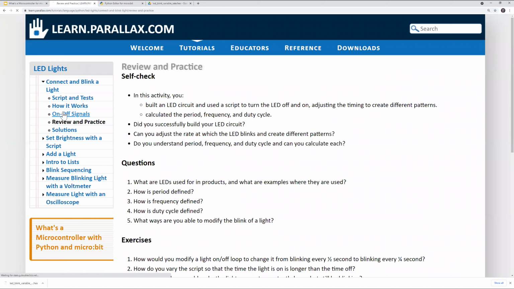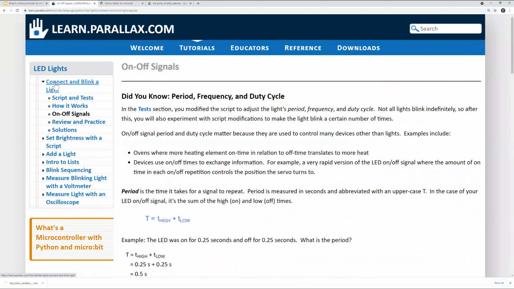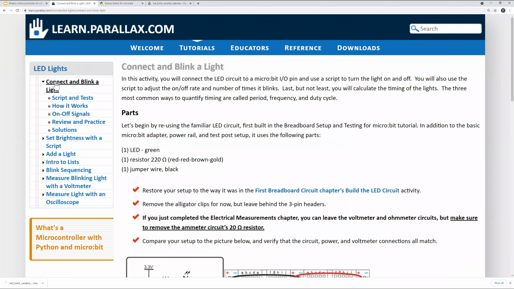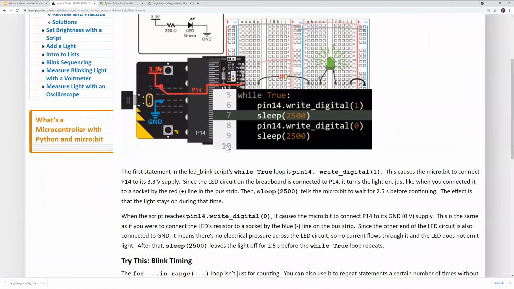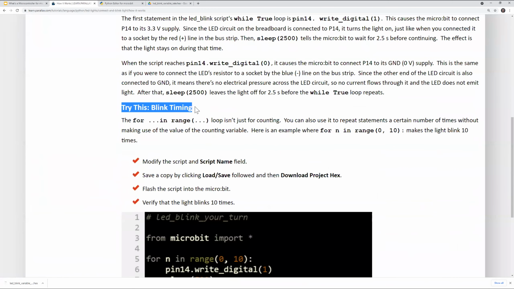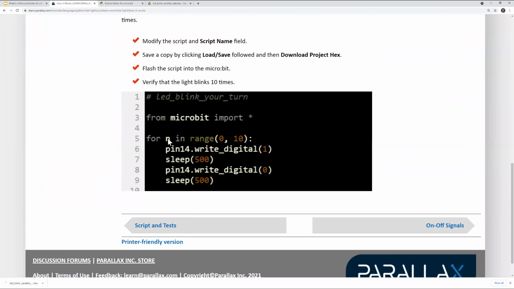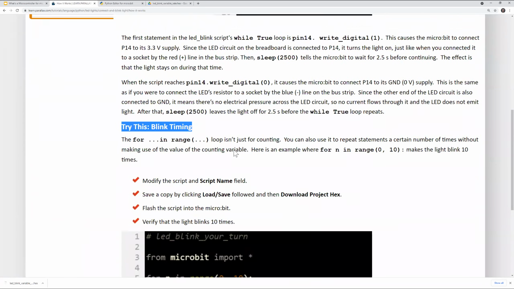All right. So again, we have a topic, in this case, connect and blink a light. Then we have a script and some tests. That's just really easy because it's pre-written. You can paste it in. Then we've got a how it works, but in the how it works section, there's also a try this. And it forces the students to put their hands on the keyboard because this is a picture of the solution. It's not the solution itself.